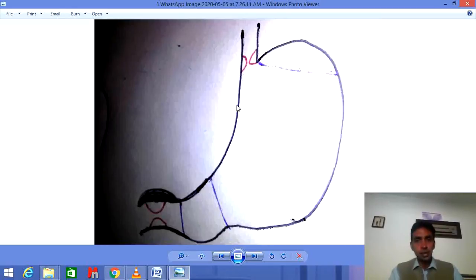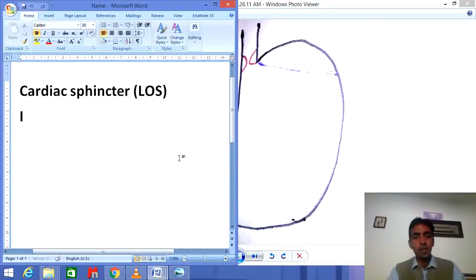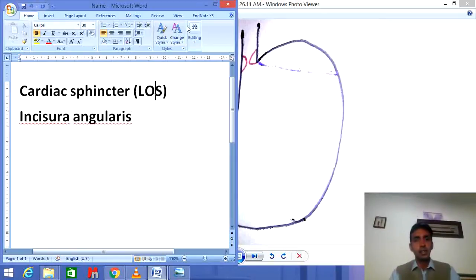This side is the lesser curvature, and this portion of the lesser curvature, where the cursor is located, is called the incisura angularis.